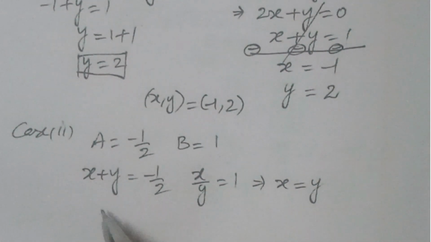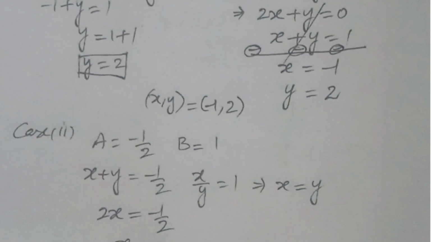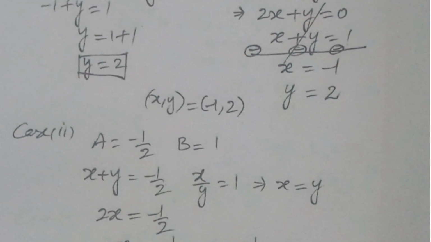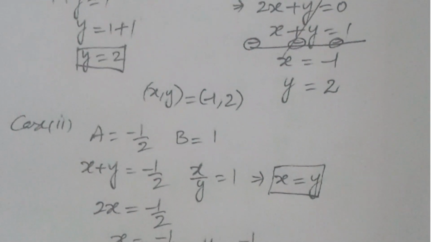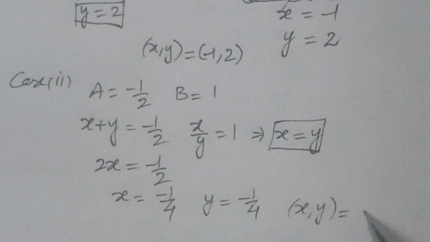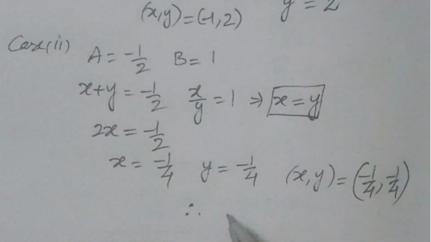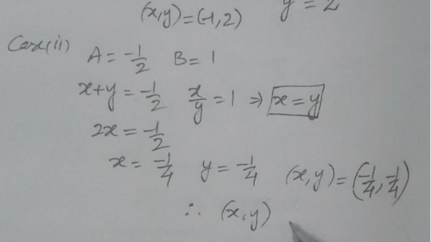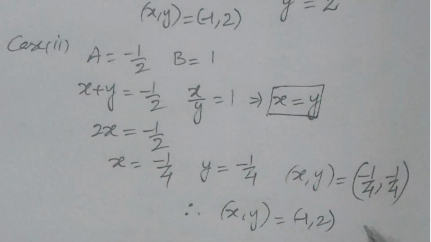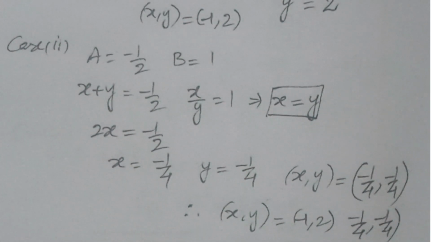Now replace this value here. 2x is equal to minus 1 by 2, x is equal to minus 1 by 4, y also minus 1 by 4, because x and y are equal. So here the second solution x comma y is equal to minus 1 by 4, minus 1 by 4. Therefore the solution x comma y is equal to minus 1 comma 2 and minus 1 by 4 comma minus 1 by 4.